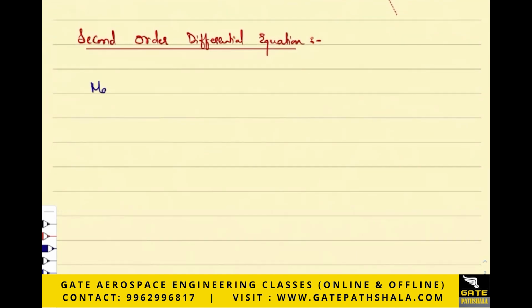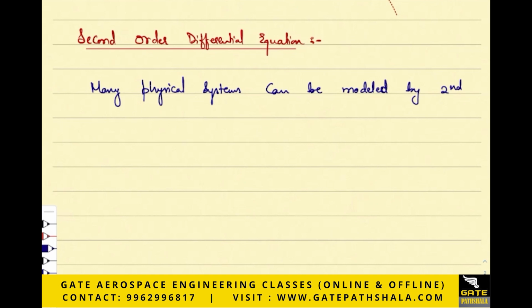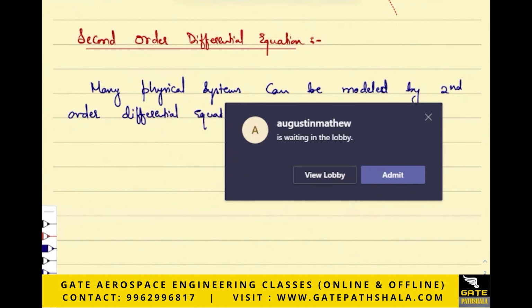So you write: many physical systems can be modeled by second order differential equation. Full stop.